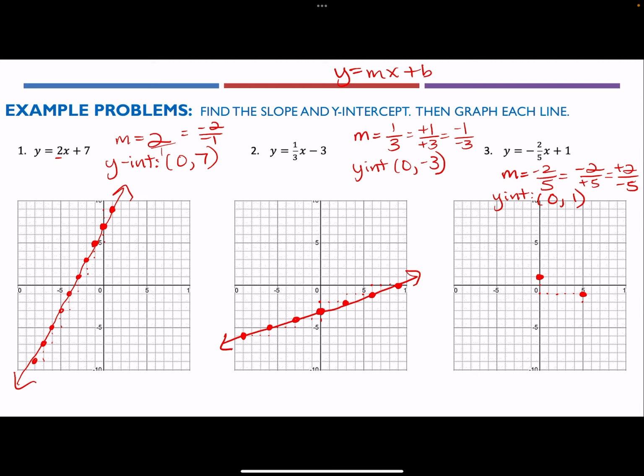Or, starting at my y-intercept again, I could go up 2, and -5 goes to the left. And that's how you can see when I connect these now, from left to right, my line is going down. It has that negative slope to it.